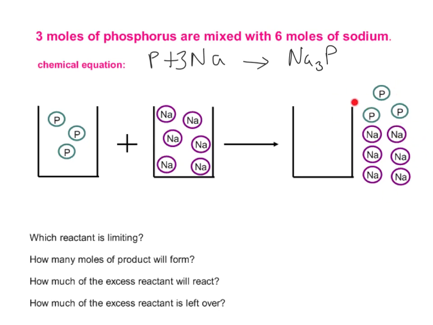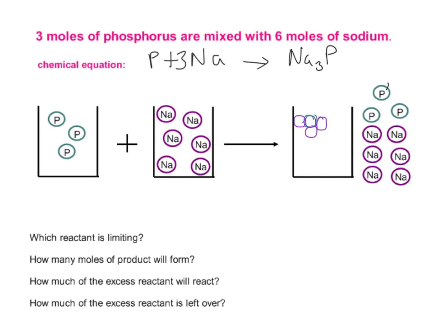And again, I was supposed to move these, but unfortunately I can't right now. So I'm just going to redraw them. So looks like for every phosphorus here, we have 3 sodiums attached to it. So my product is going to be a phosphorus and then 3 sodiums around it.